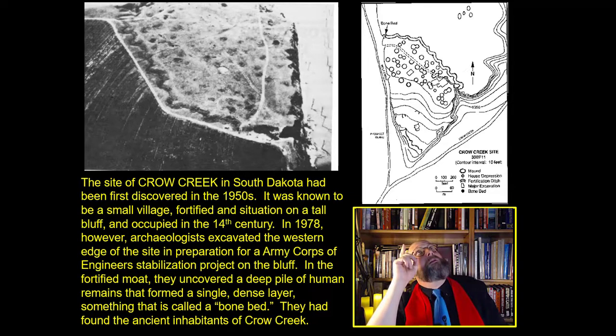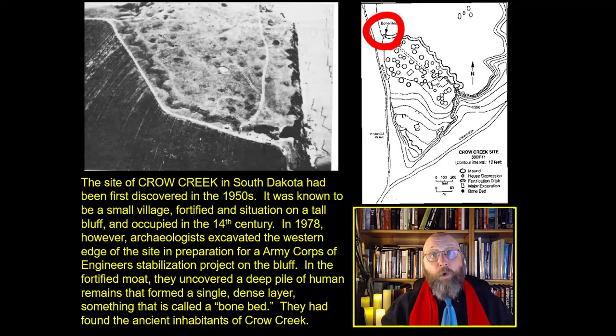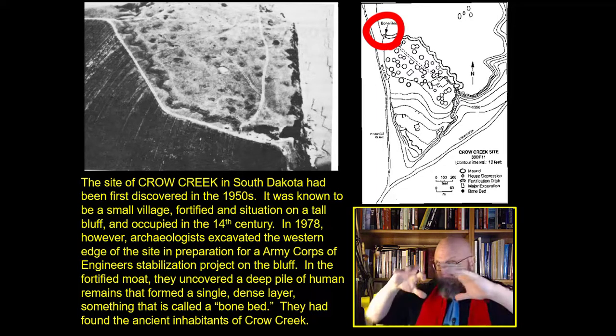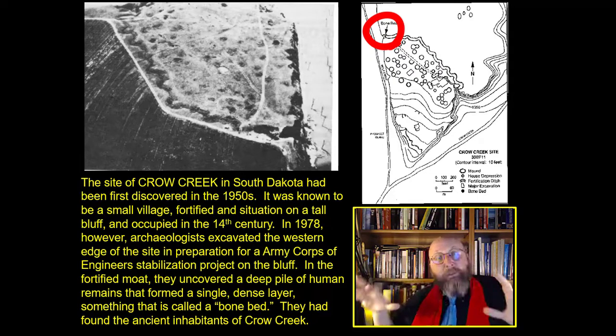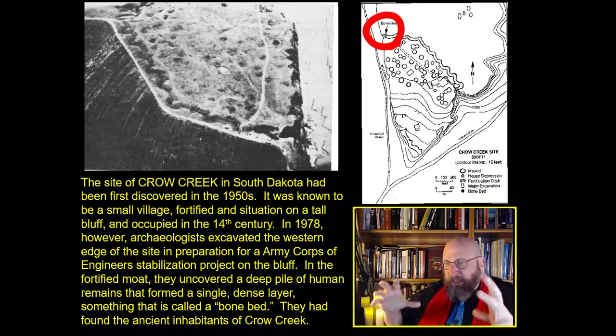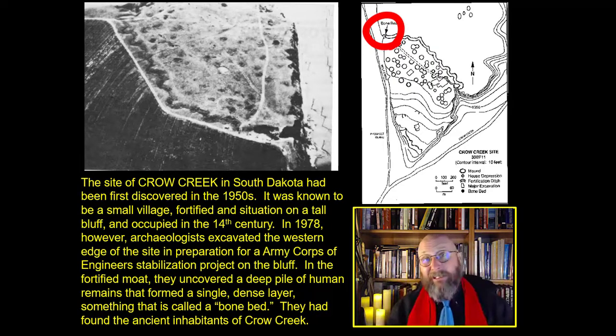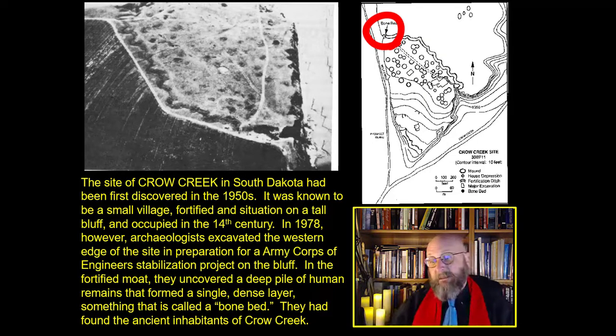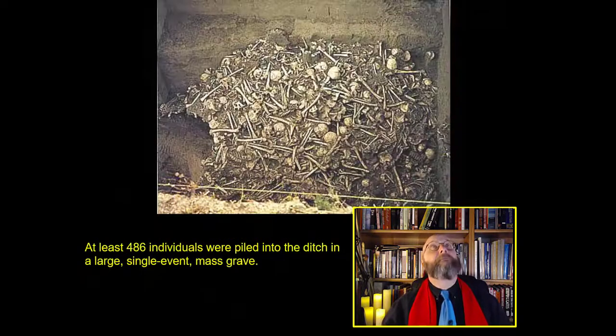And right about there, as they started to dig in the fortified moat that was supposed to protect the town, they uncovered the layers of earth to discover an enormous pile of human remains. A single dense layer, something that is known archaeologically as a bone bed. They peeled back the earth to find the human remains of the ancient inhabitants of Crow Creek.